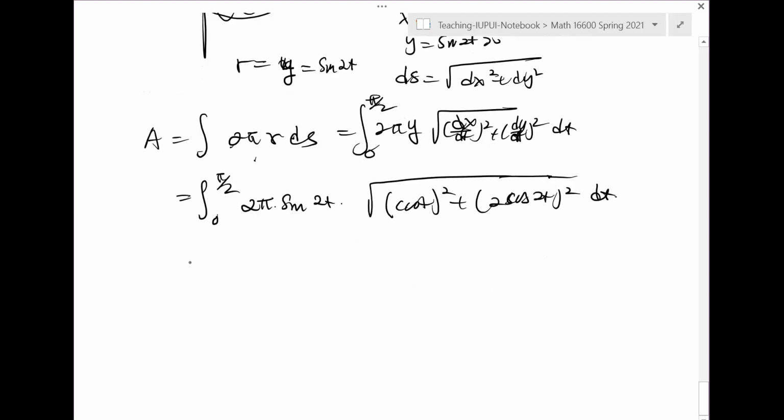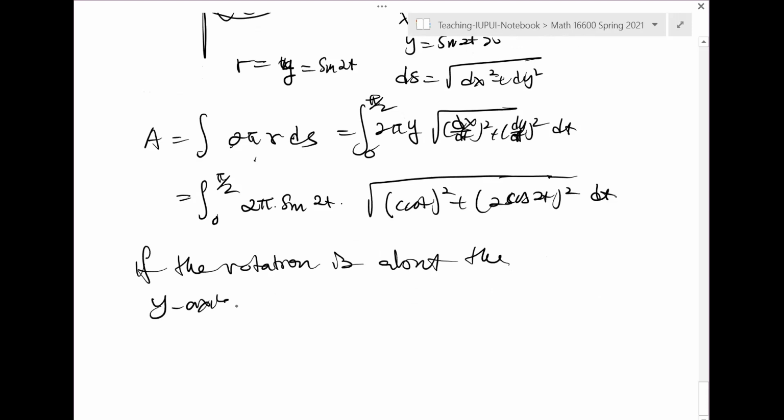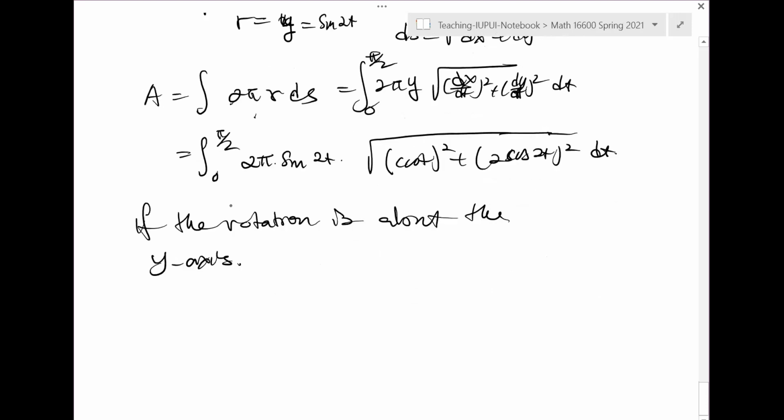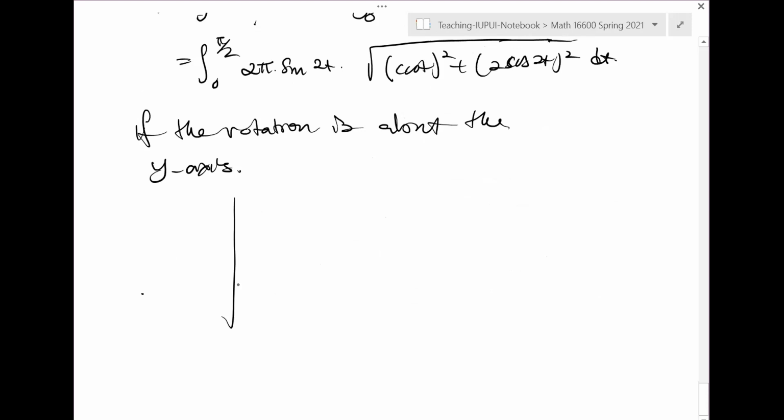Now what happens if the rotation is about the y-axis? In that case, you will get a graph like that.